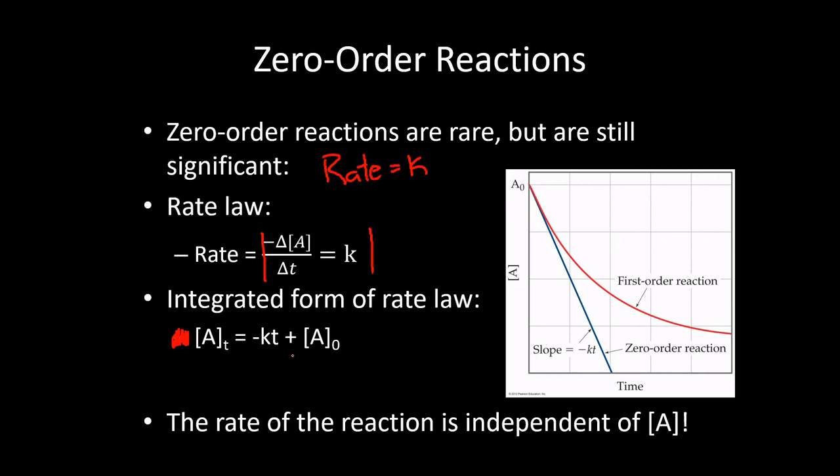No 1 over or natural logs or anything like that. It's just the concentration at time t is equal to negative kt plus the initial concentration. And so unlike first order reactions, because the first order reactions slow down with time, zero order reactions do not slow down with time. They just chug along until there's no reactants left, and then they're done. Because their rate is independent of the concentration.